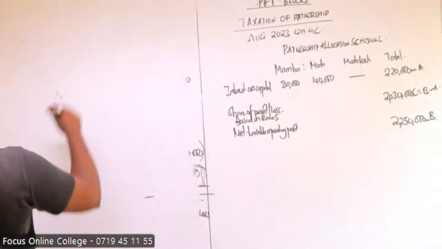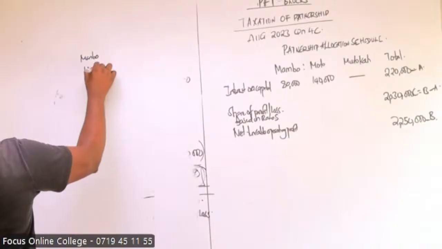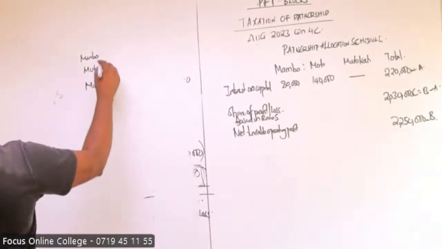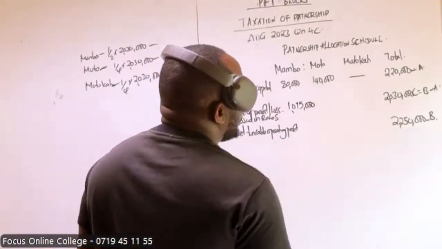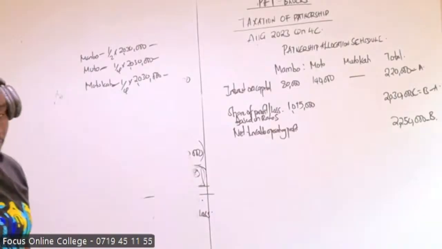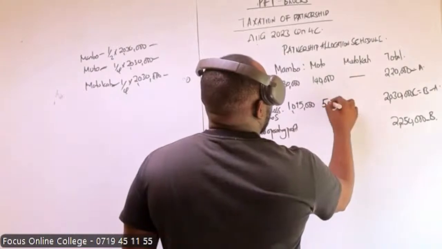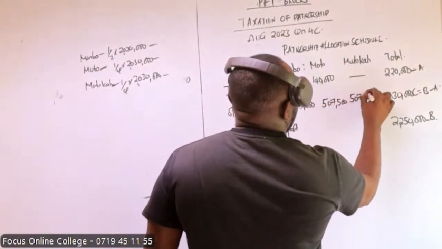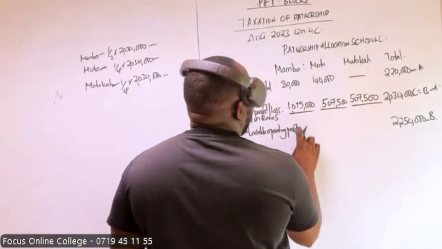So we have the ratios: Mambo, Moto, and then Motor Car. That's 507,500.